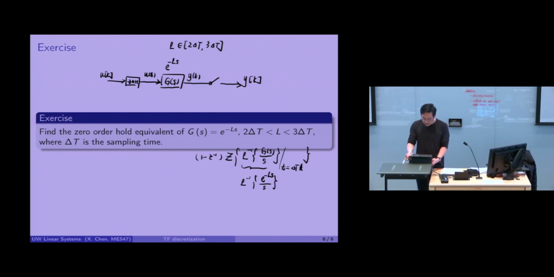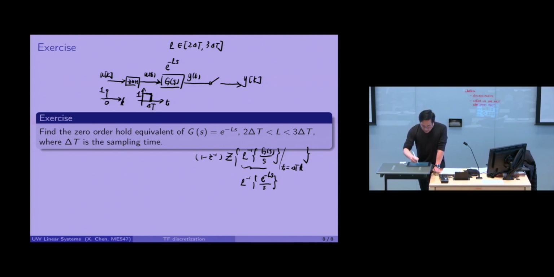But if we just follow our procedure of analysis, we can see something very interesting happens over here. We let the input be an impulse. Again, after the zero order hold, it becomes this rectangle or square signal, right?